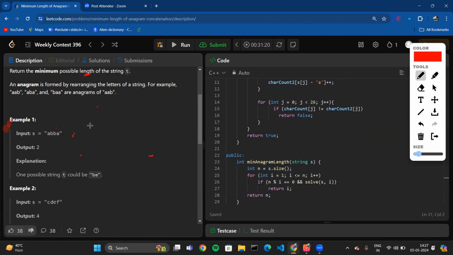Let us say I consider that my anagram string length is 2. Then I am sure that there will be two length strings, and only those will comprise the whole string S. What I'm trying to say is that n, or you can say S dot length, has to be a multiple of my anagram string length.